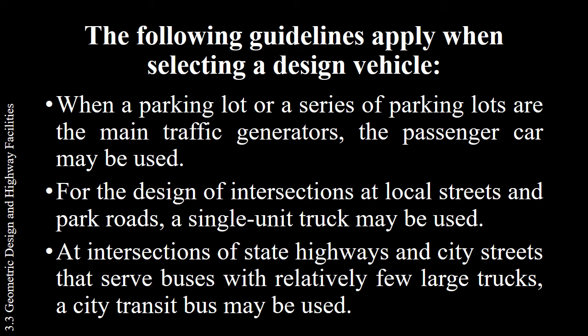Second, for the design of intersections at local streets and park roads, a single unit truck may be used. And last, at intersections of state highways and city streets that serve buses with relatively few large trucks, a city transit bus may be used.